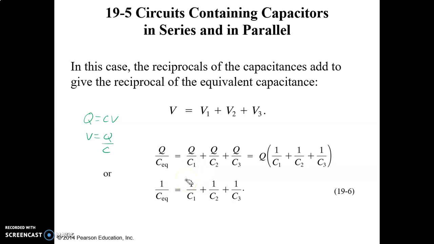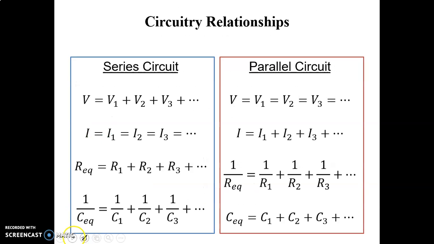The Q's are the same, so if you divide out the Q's, you end up adding up the inverses to give the inverse of the equivalent capacitance. Remember that for resistors, this was the rule for resistors in parallel, but for capacitors, this is the rule for capacitors in series.